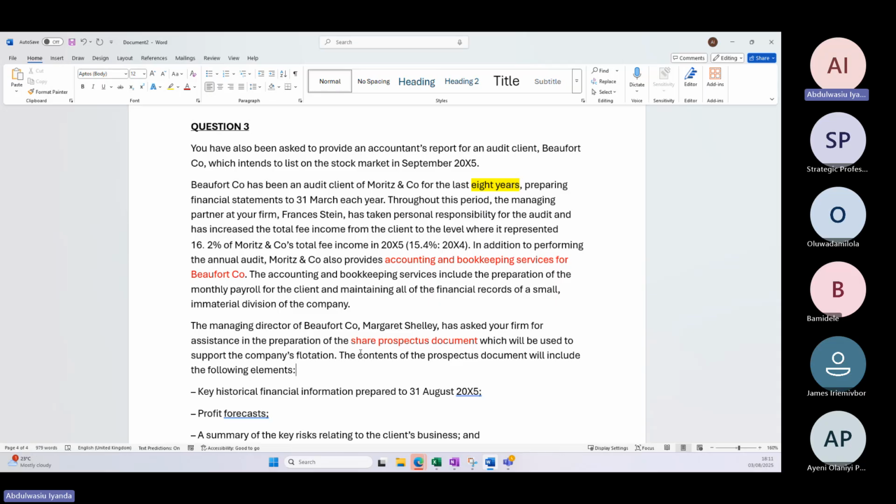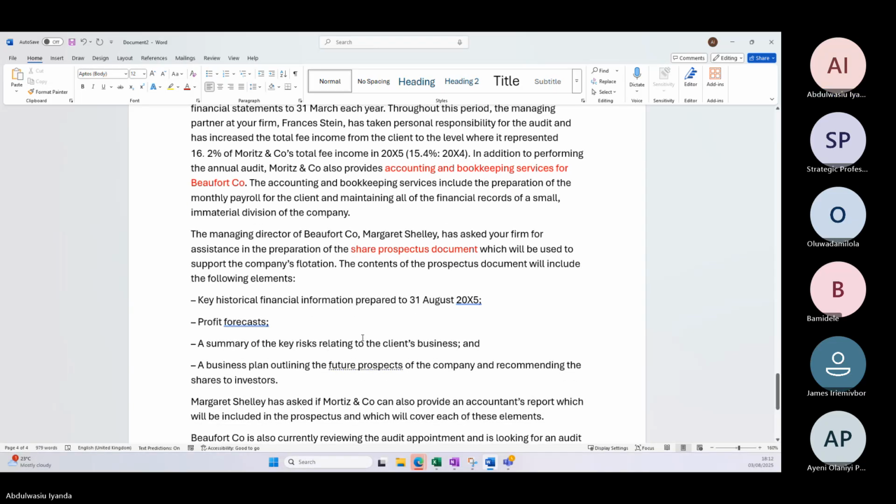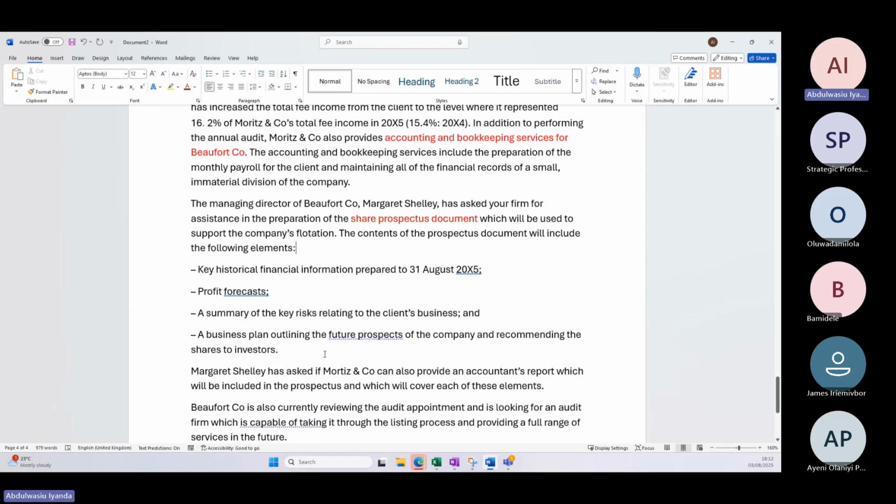The content of the document will include the following: key historical information, a profit forecast, a summary of the key risks, a business plan outlining the future prospects of the company, and recommending the shares to investors.